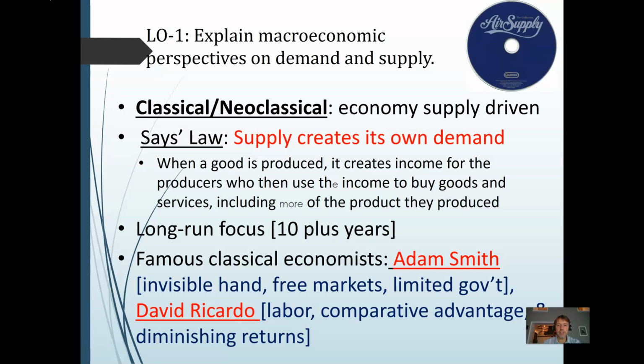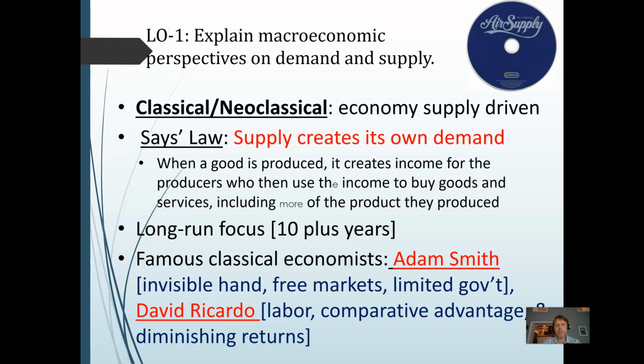Say's law says that supply creates its own demand. When we produce a good, then there's income produced for those makers, and then they use that income to buy other goods and services, including what they made and the products that others make. And then that cycle keeps feeding on itself.